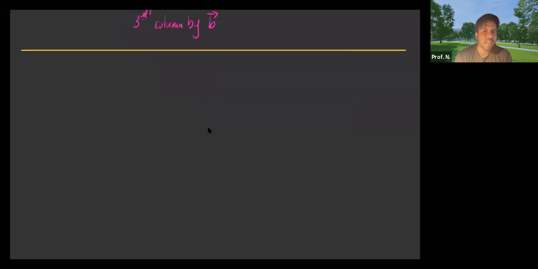A subspace is a space that contains the zero vector. That's the first thing. The second thing is that it's closed under addition, meaning that if you have something in the set, and you have another thing in that same set, when you add those two things together, they remain in the set.